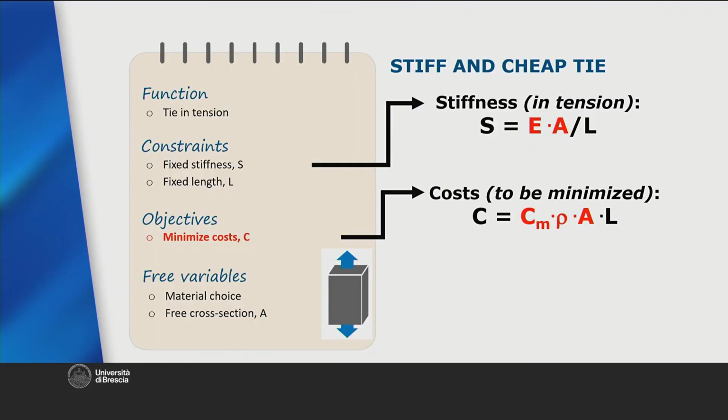As a final set of cases, let's consider what would happen if we wanted to change the objective, such as minimizing costs or minimizing bulk. Let's try to solve them in the simplest case, that is, the bar under tension we dealt with at the beginning of the problem.